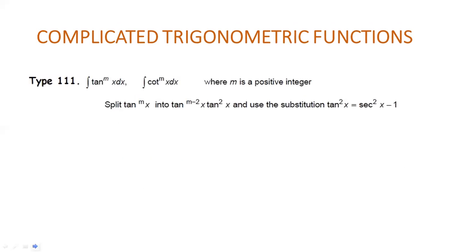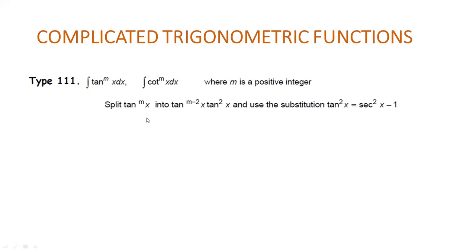Now, under type 3, it's similar to type 1, wherein you're only dealing with a single trigonometric function. It could be a tangent or a cotangent. And just like case 1, it is important that the exponent to which this tangent or cotangent function is raised is positive. So the exponent m that you're seeing should all be positive.